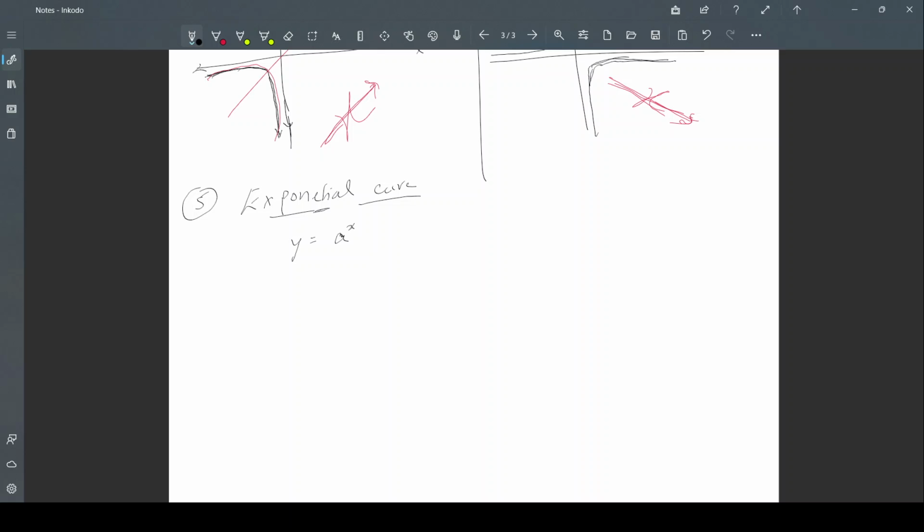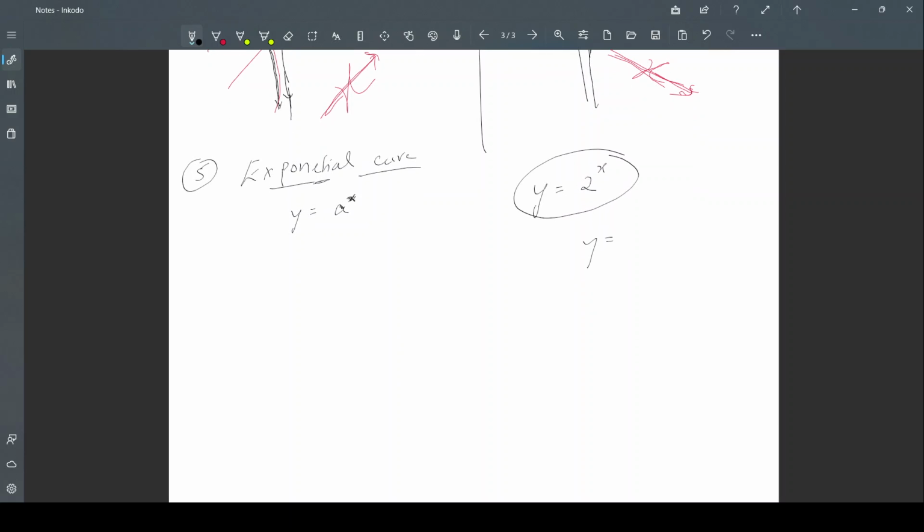So in this equation, you can say that it has an exponent of x, right? It can be anything, like y equals 2 raised to power x, so this will be an exponential graph. Okay, y equals like 4 to the power x. Where the x is in the exponent, we call this an exponential graph.